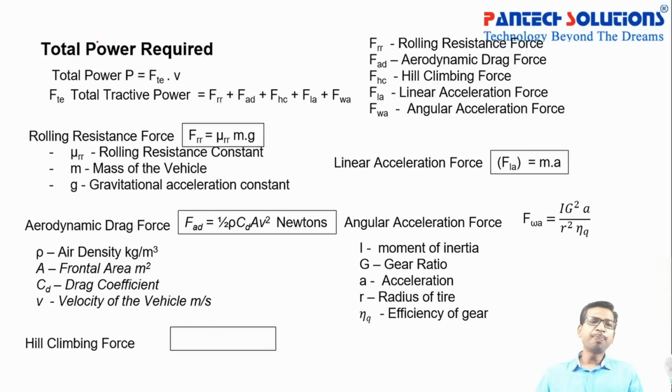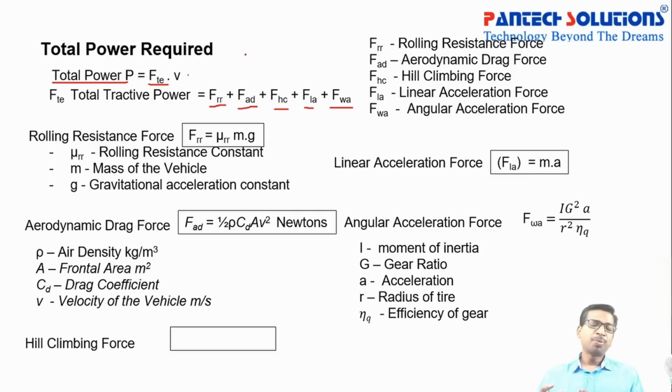And the total power required to drive your vehicle is P = F × v, that is the total tractive force into the velocity of the vehicle. That is the summation of rolling resistance force, aerodynamic drag force, hill climbing force, linear acceleration force and angular acceleration force.